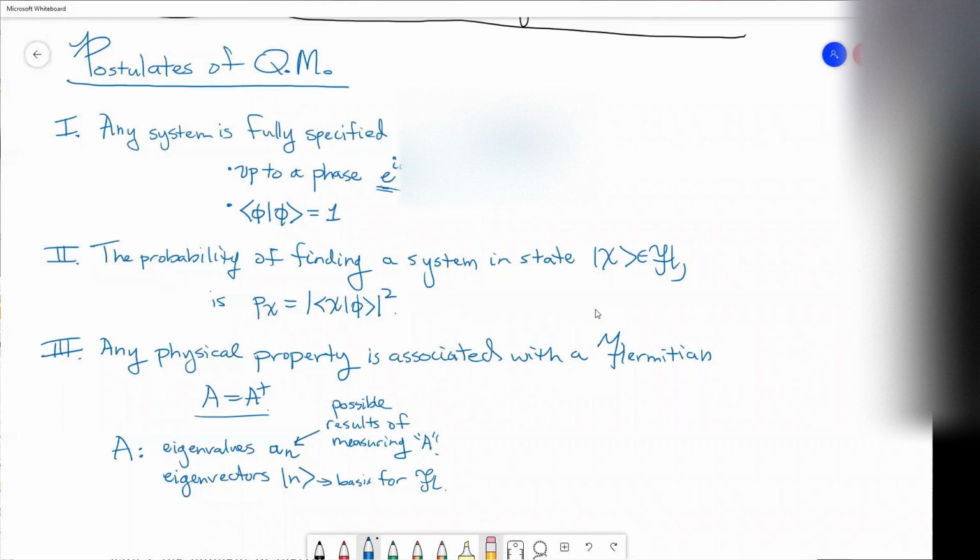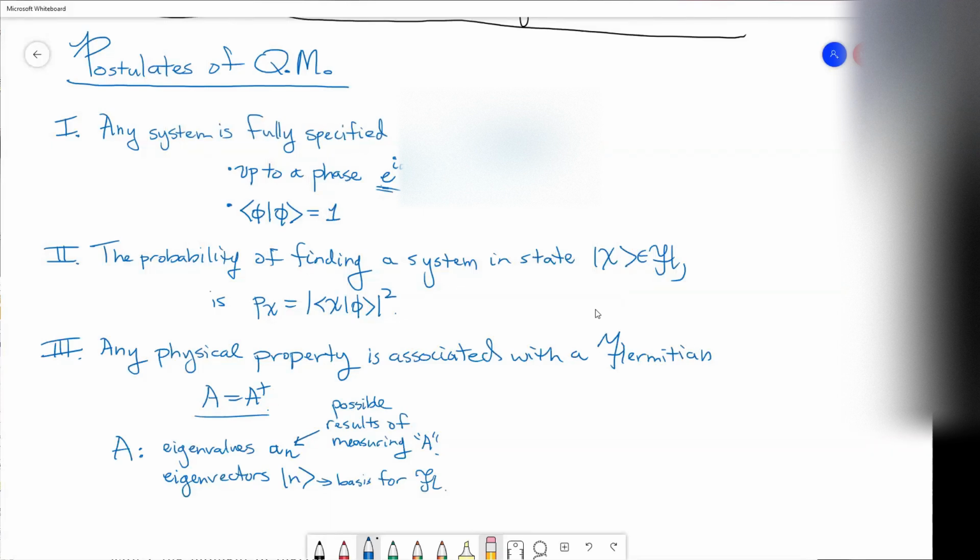So quantum mechanics has ingrained within it the idea that there's no such thing as having a definite measurement outcome, in the sense that the possibilities for finding a particular property of the system are associated with an eigenvalue of the Hermitian operator associated with that measurement.